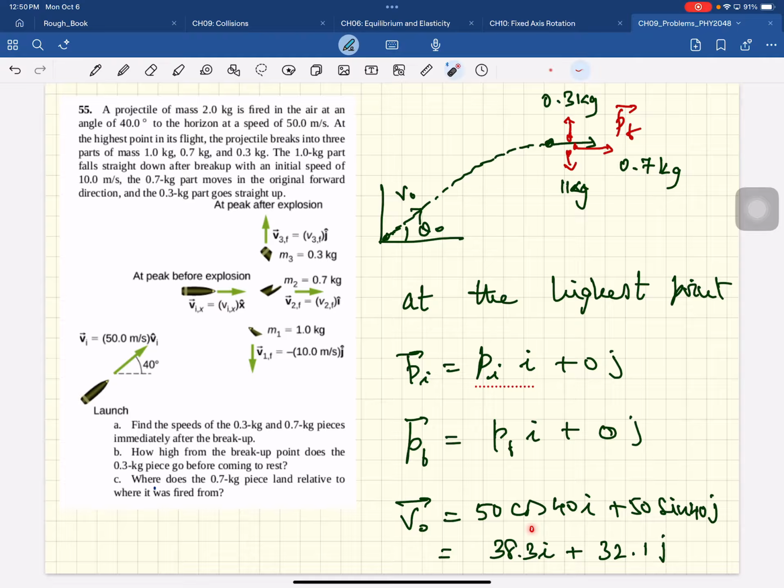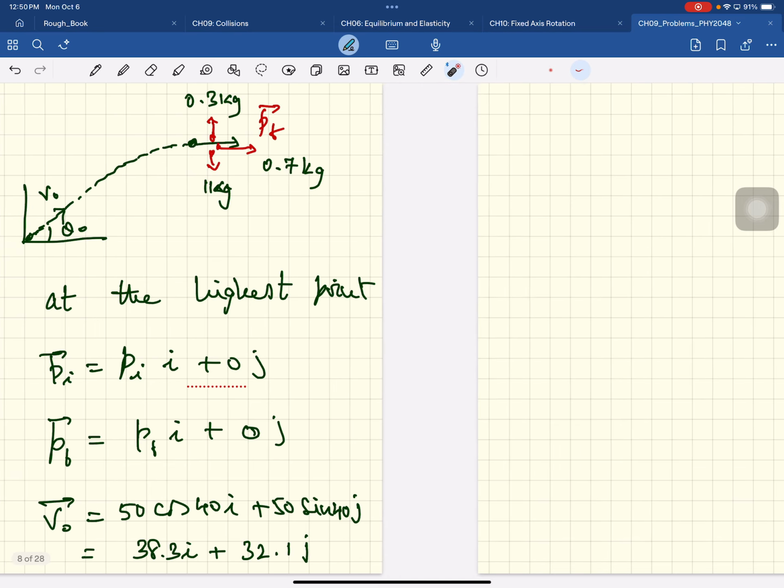There's the x component of the velocity, there's the y component of the velocity, and at the very top of its trajectory, what happens? The y component goes to 0 because you have an acceleration. And at the very top, this is constant throughout the flight.